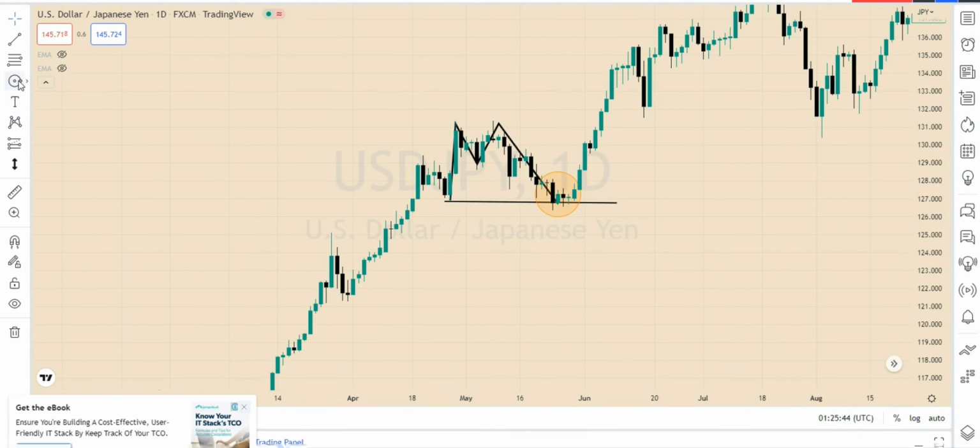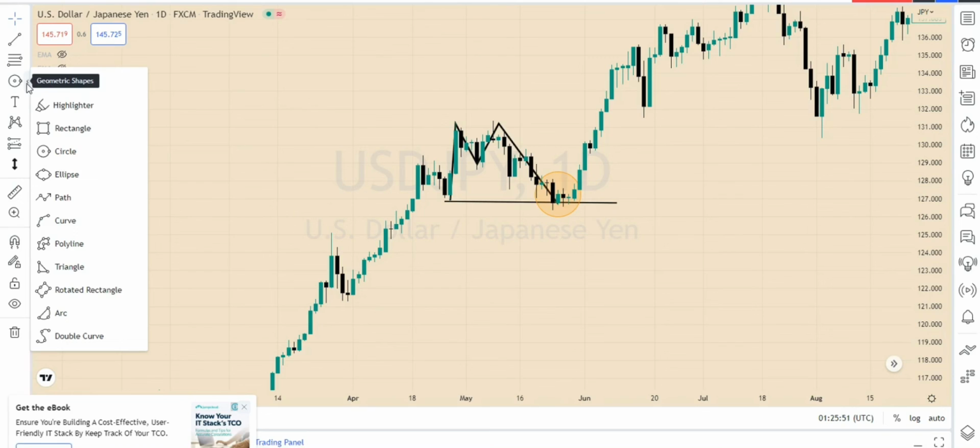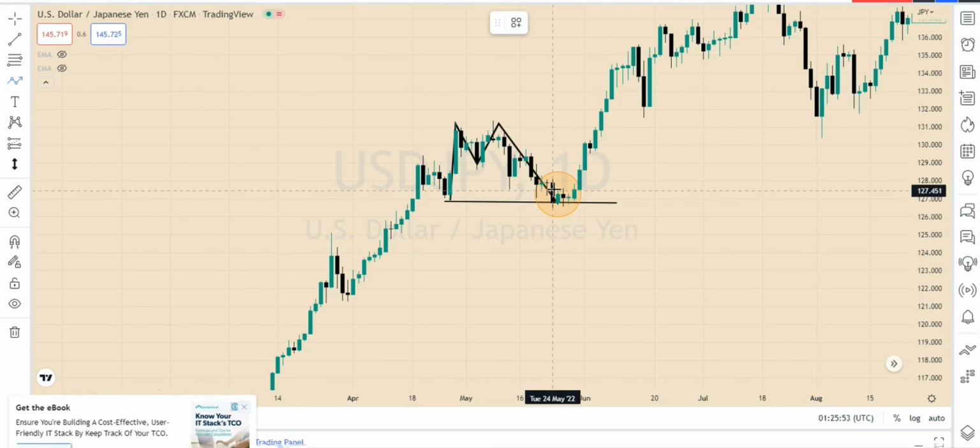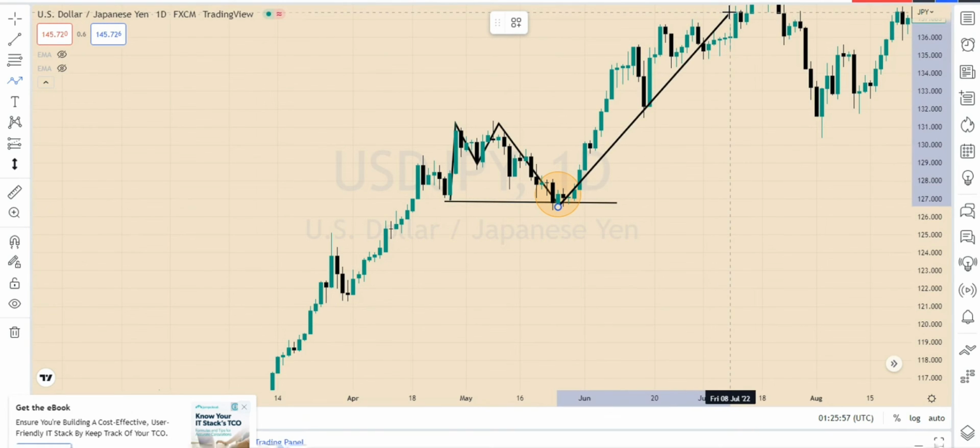Why? Because you expect the market to do what? To break the neckline. Why do you expect the market to break the neckline? Because the underlying trend is bullish. Simple as binary. It's either A or B.